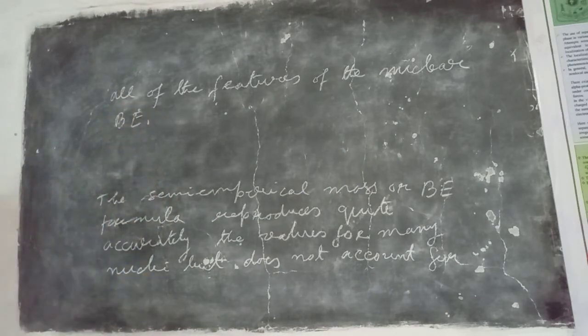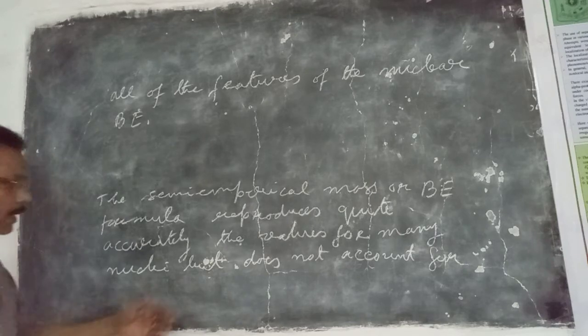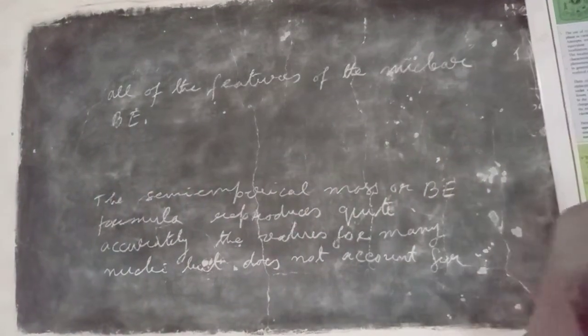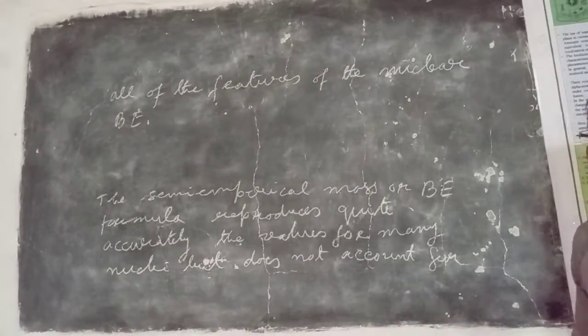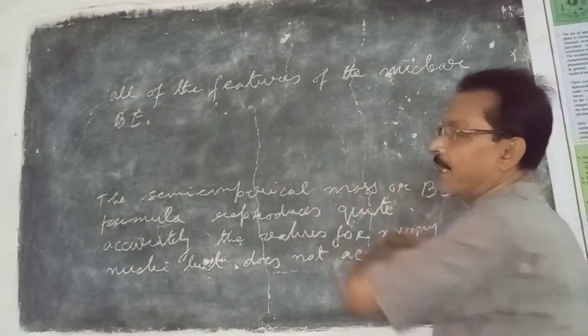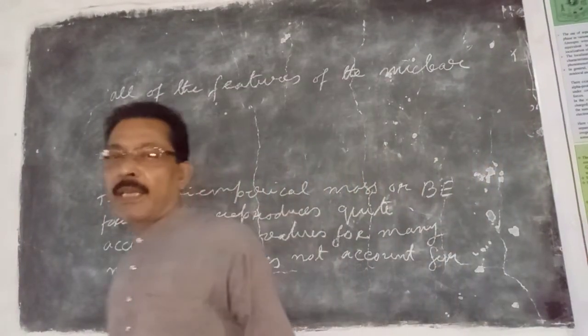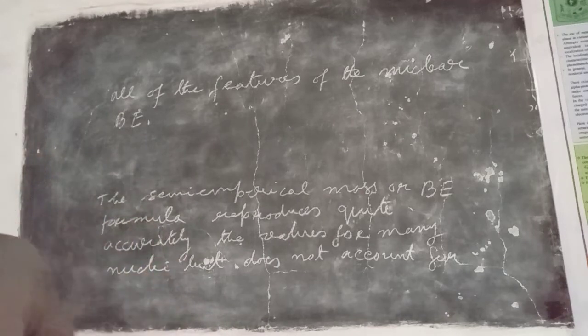We see later on that in the series of the binding energy formula or mass formula, there are certain discontinuities. There are certain nuclei for which the binding energy or mass calculated by this formula differs from the experimental value by 1 or 2 MeV.